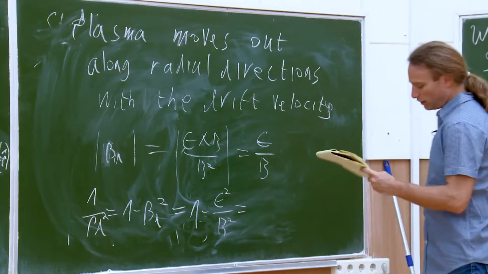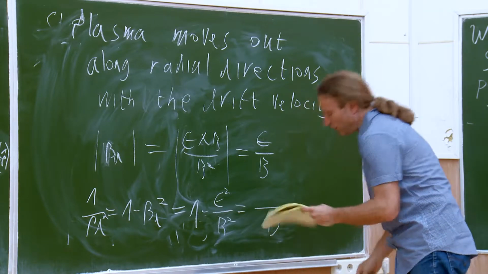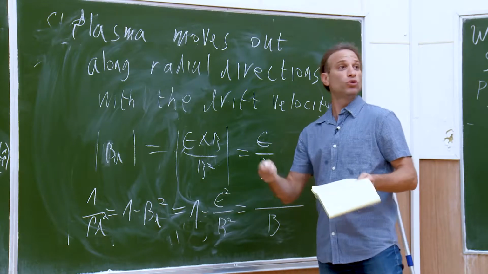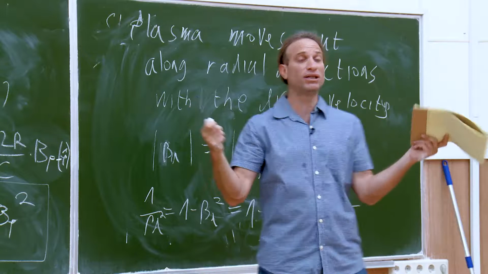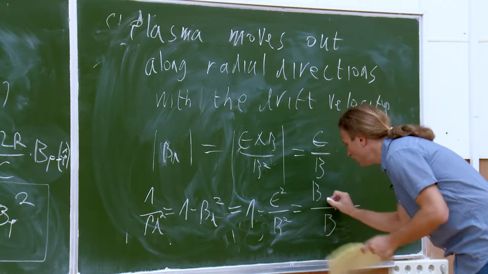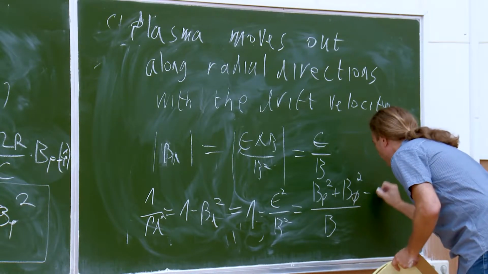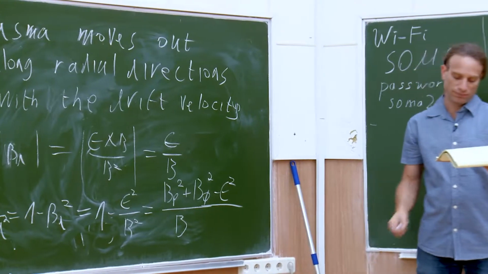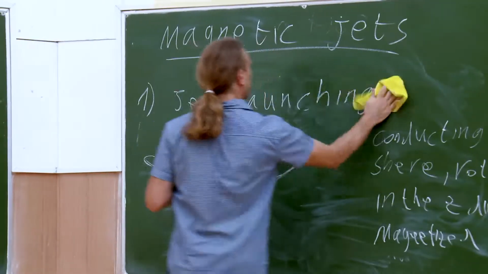And I just bring them together over B square, and this is equal to B square minus E square, all over B square. I can break B into two components, the phi component and the poloidal component. So this is Bp square plus B phi square minus E square. This is just algebra, nothing more. Okay? Now, this is 1 over the Lorentz factor.